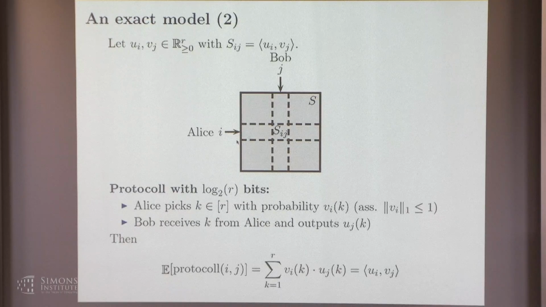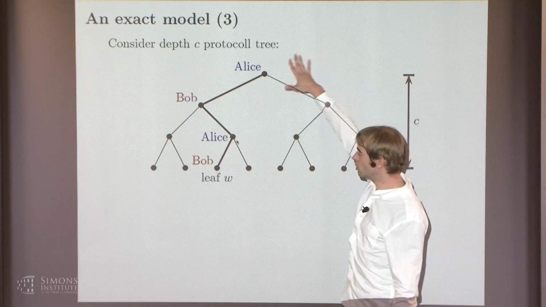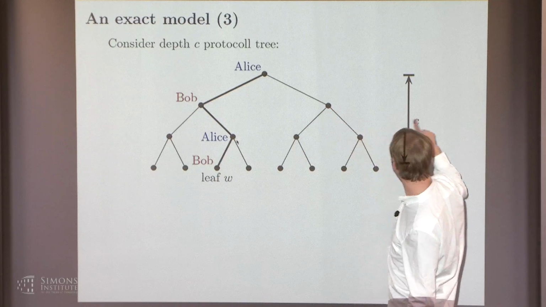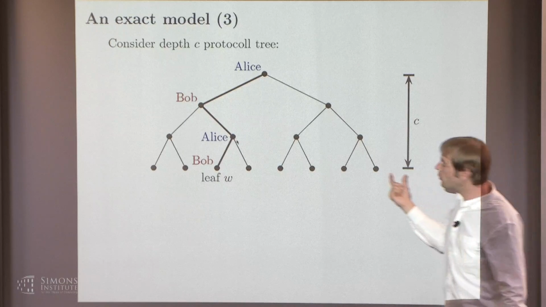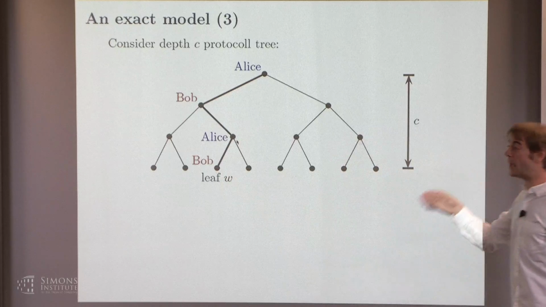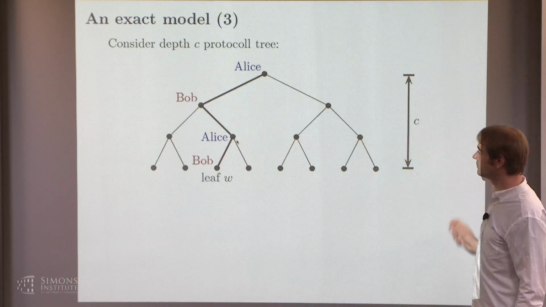For the other direction, that works as follows. So imagine this is the protocol tree. Alice and Bob exchange C bits, and at the end they output on average the entry in the slack matrix. So if they do that, then where's my factorization that has size at most 2 to the C?